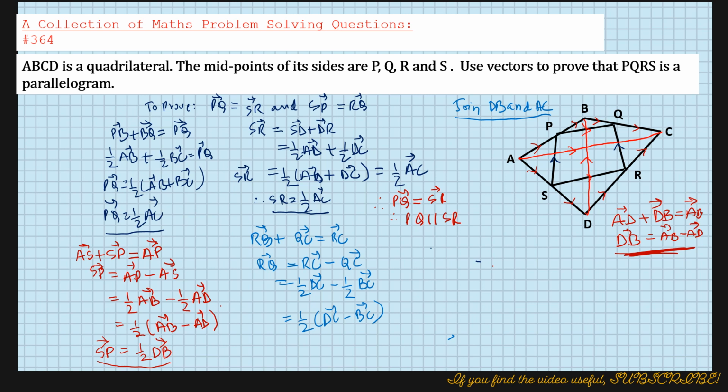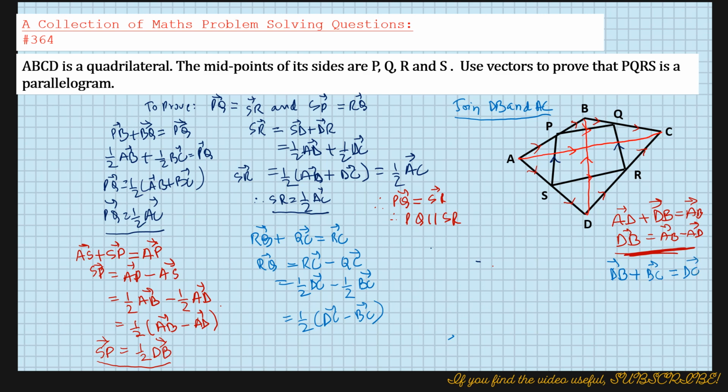From this diagram we can write DB plus BC equals DC.